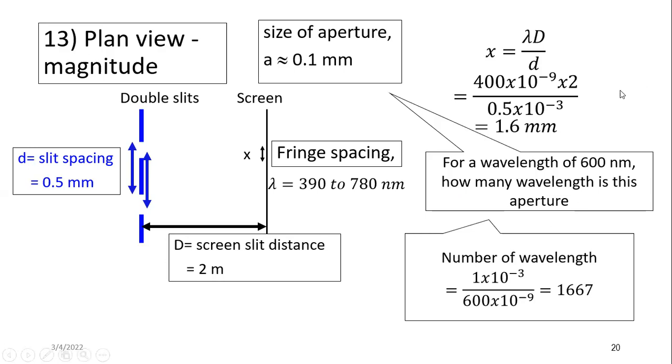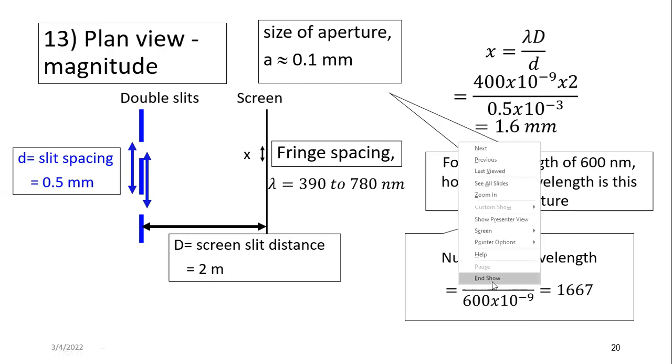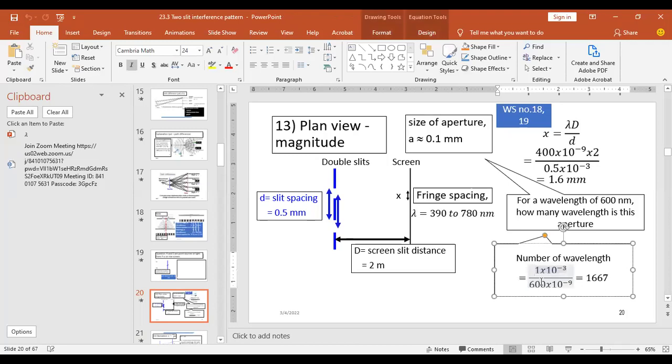You just divide by 600. Change this one to meter. Then this is 600. I've done something wrong here. I'm always very careless. 0.1.